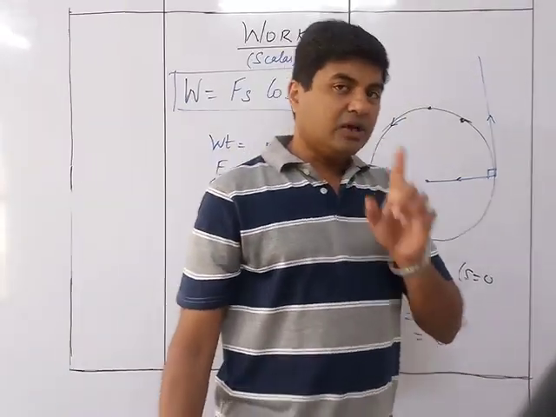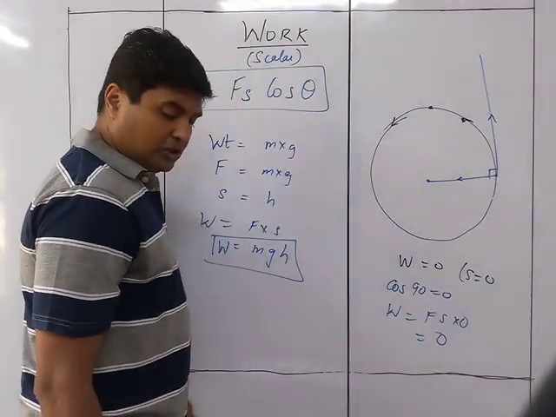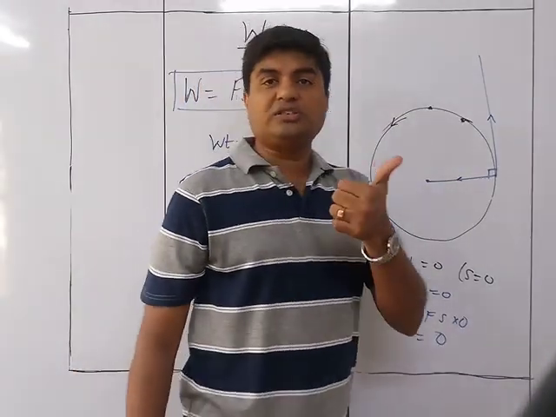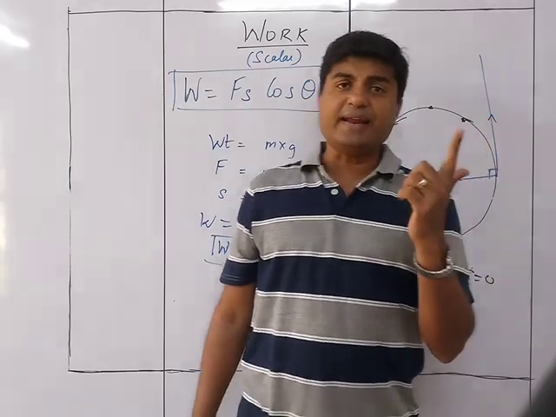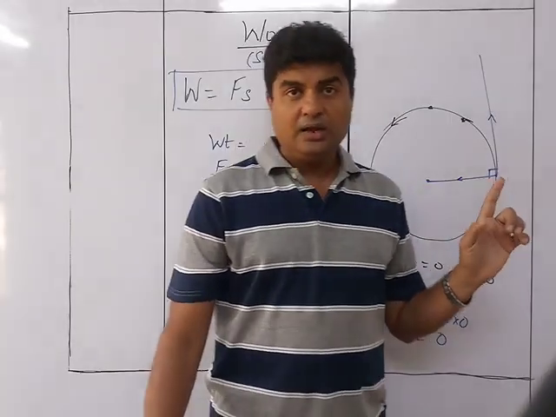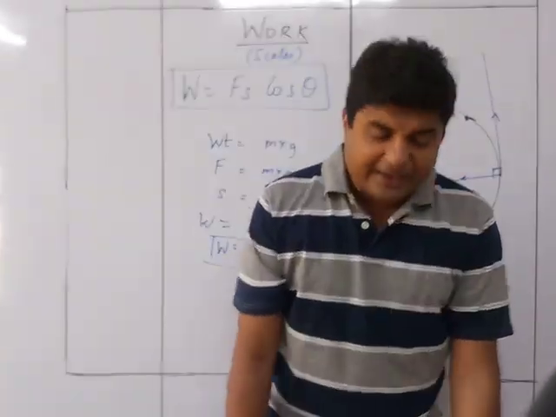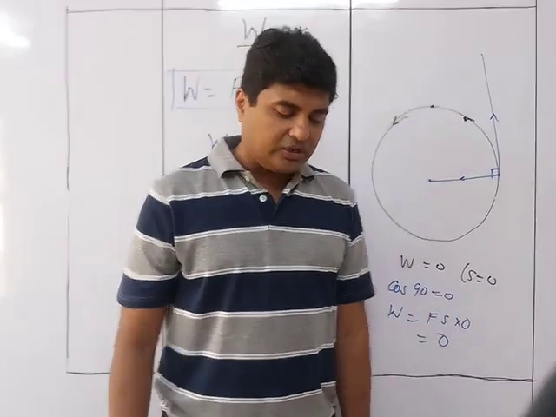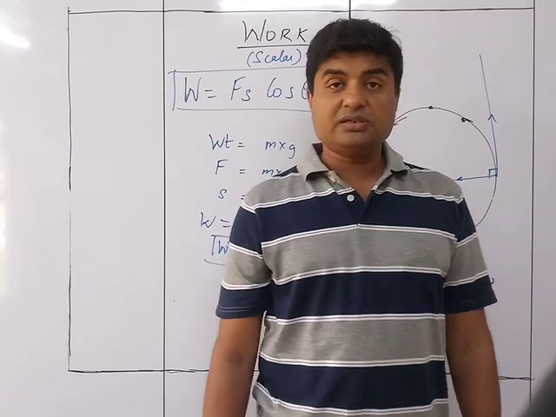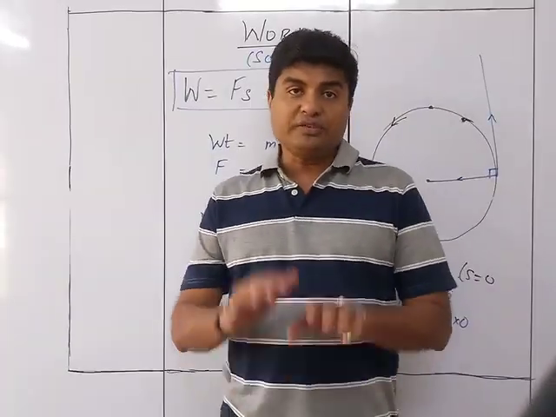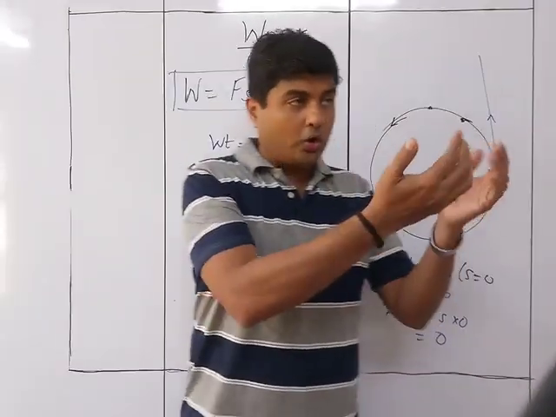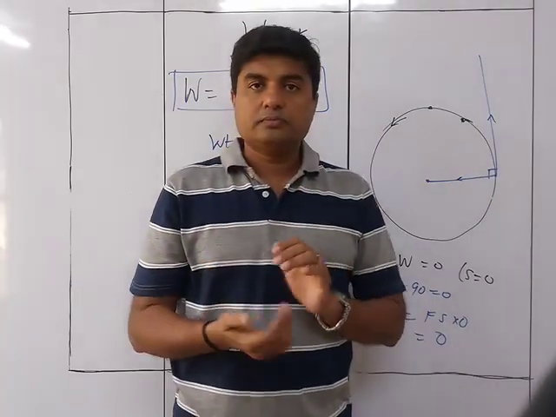Now we see the third case over here. So the first case was when cos theta was 0. The second case is when cos theta is 90. Now let's take a condition wherein the displacement is in the opposite direction to the force, which is something unique. मैंने फोर्स अप्लाई किया इधर से ऐसे और वो ऐसे आ रहा है.